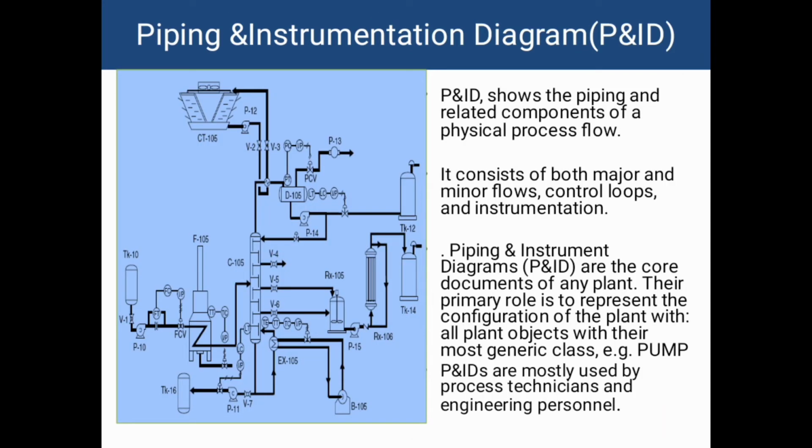The next topic is the piping and instrumentation diagram. In the process flow diagram, the arrangement and sequence of the equipment and the sequence of the operations are mentioned.